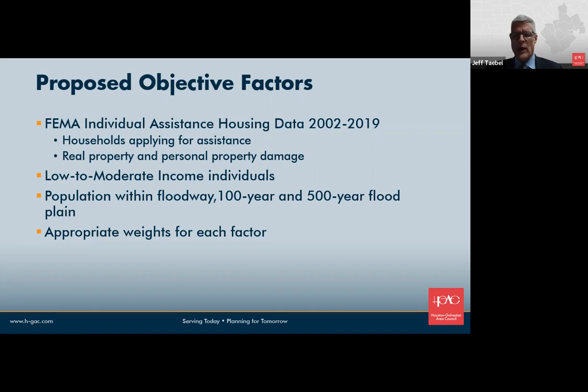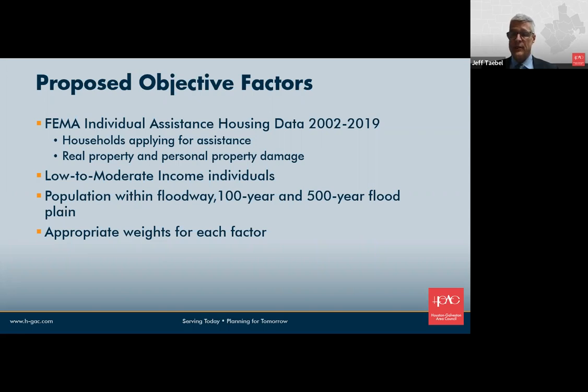Now, some may question, why aren't we just using the data for Hurricane Harvey? Our rationale for proposing these factors is, since this funding is to be used for mitigation purposes, we want to look at a broader sample.